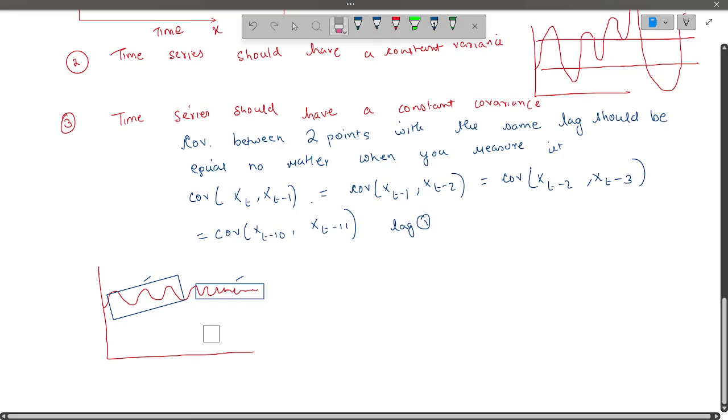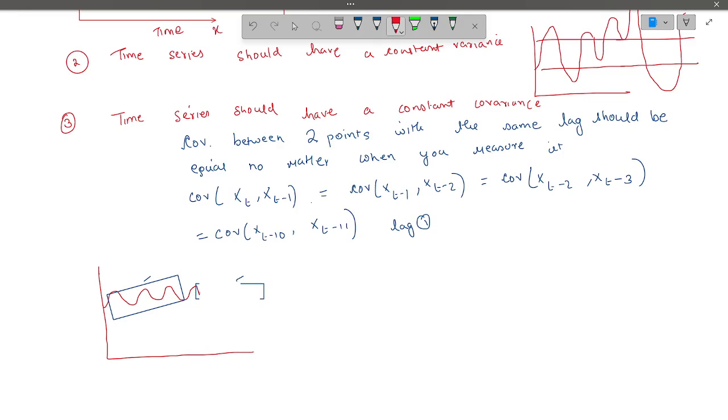इसको मैं थोड़ा सही करता हूँ, right? तो the spread should be even, right, across time. तो कुछ ऐसा होना चाहिए, right?